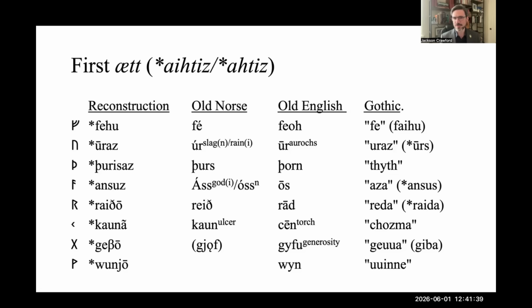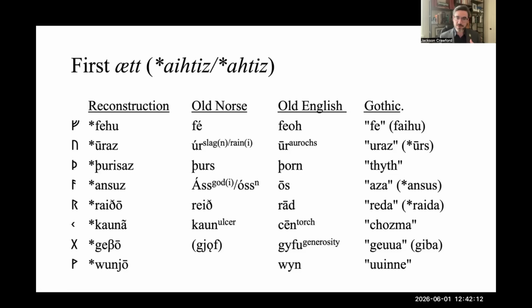And in the Old Icelandic rune poem, it is ur, a light rain. The presumption that the original name has that aurochs meaning is based on the Old English poem being earlier, so giving it a little priority just for that reason. But also, it pairs nicely with fe, which is the domestic cattle, in the name of the rune just before it. So it could be one of the other meanings, but I think the aurochs meaning is probably a strong guess there.